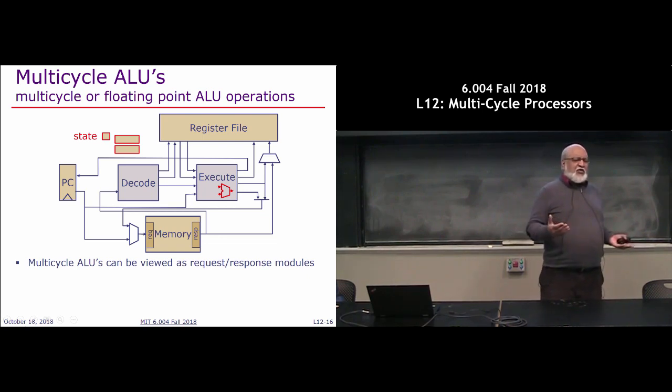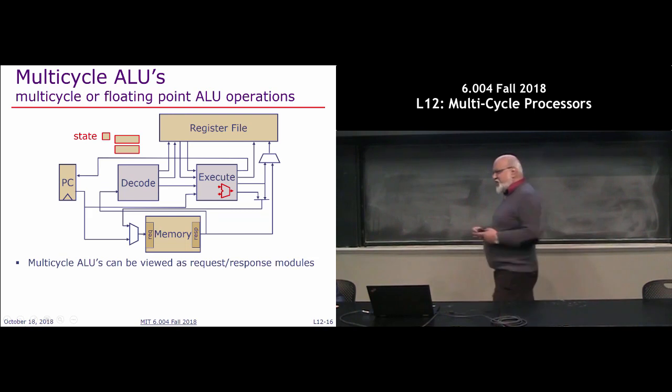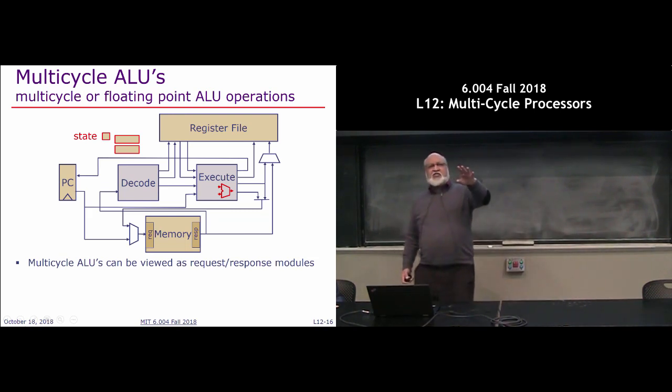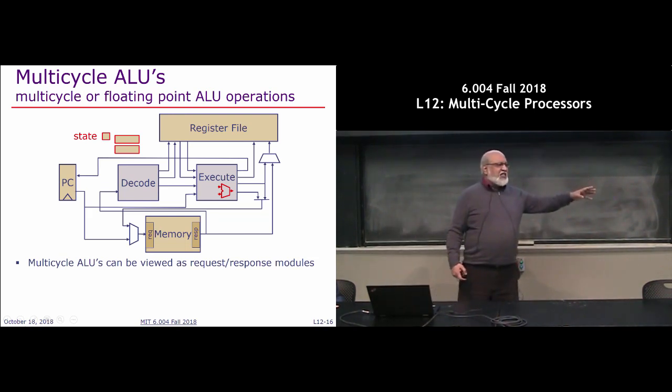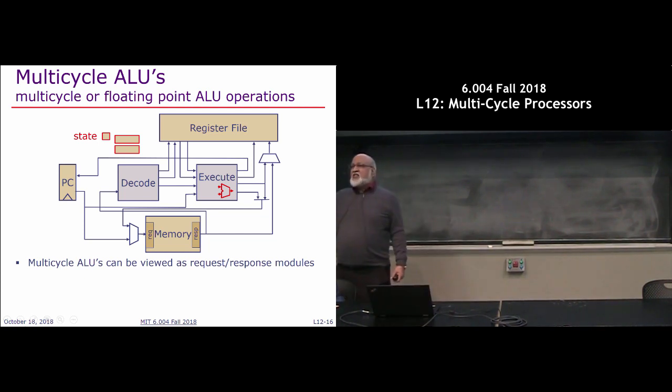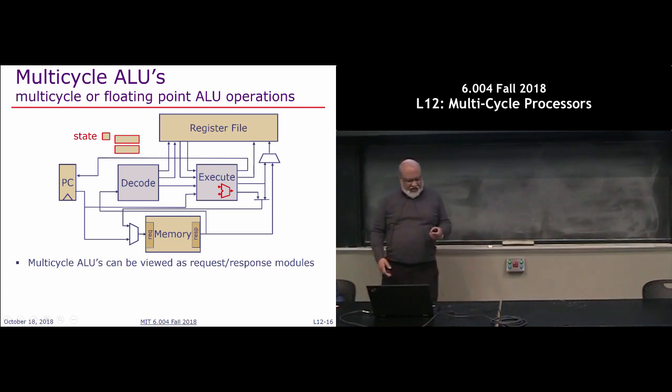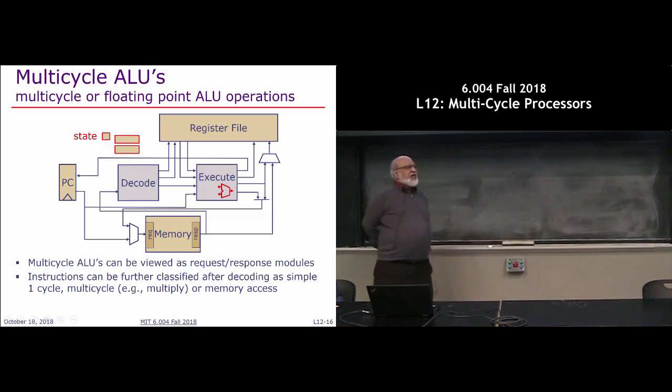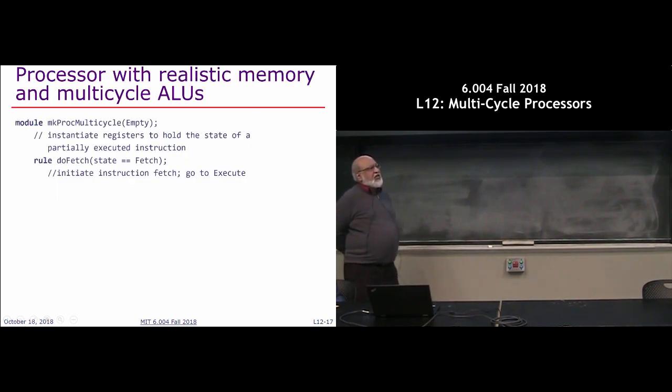So this is almost like saying the same thing, that just as if it was a memory instruction, I initiated it and then I wait for it. If I come across an instruction which takes many cycles, I will initiate it and then I will wait for it, right? And that's exactly what is shown here.